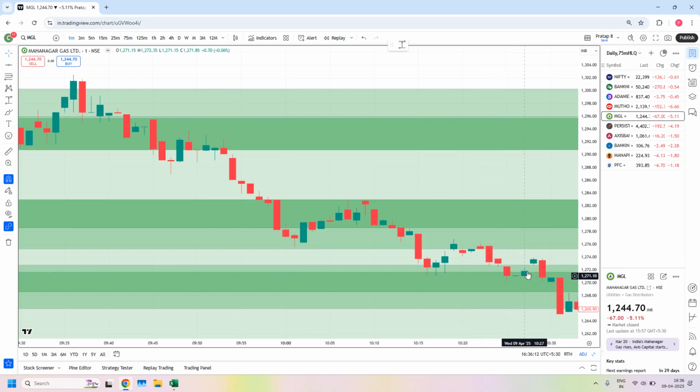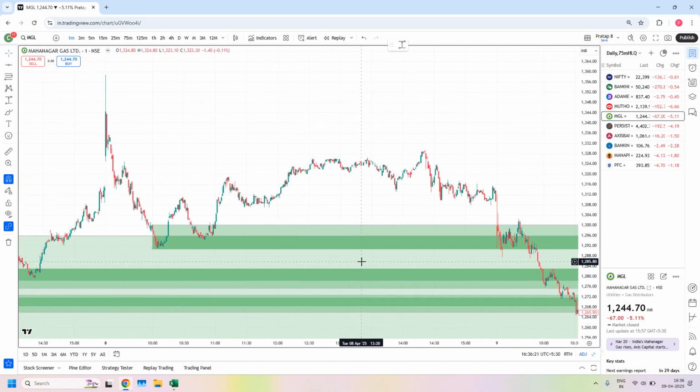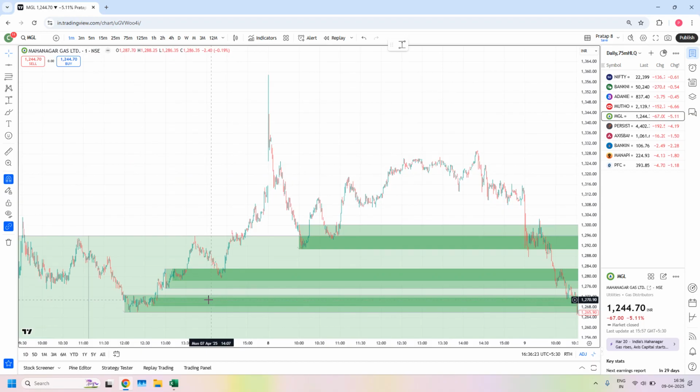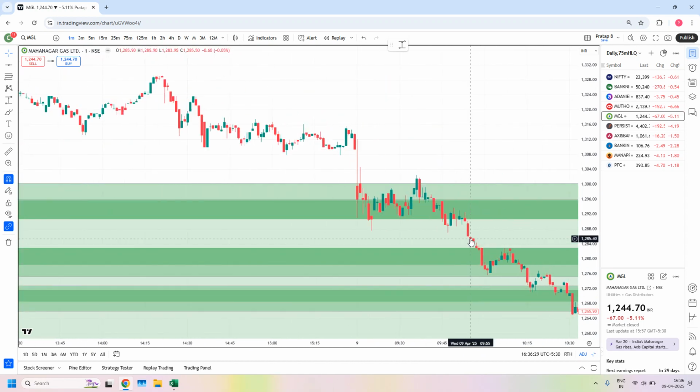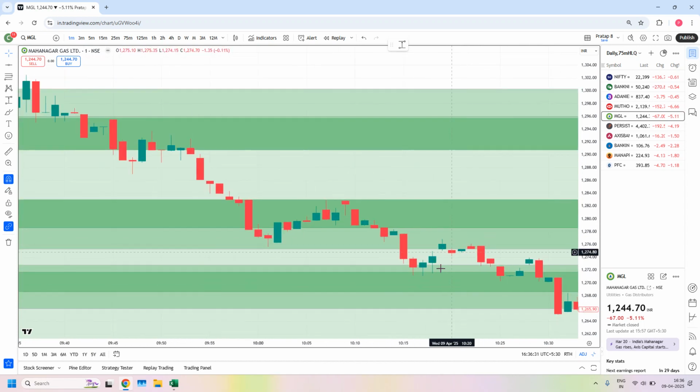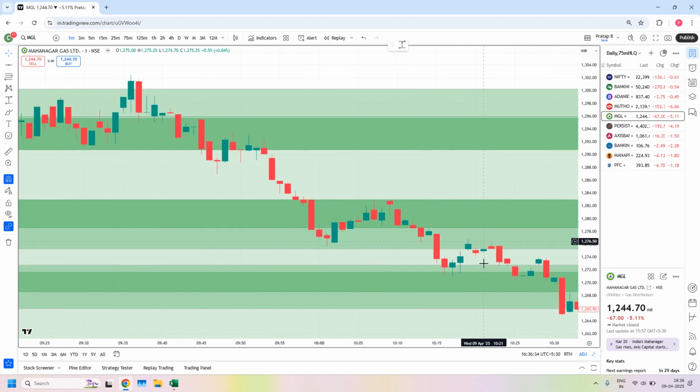See, multiple times this zone, see, again once again it is tested. Some more movement, but it is not good enough for us. That means a lot of times this 5-minute zone held the prices. That means the trade we have taken is not a bad zone. It is actually a good zone. But at the same time, today's supply is very strong, especially in this stock.